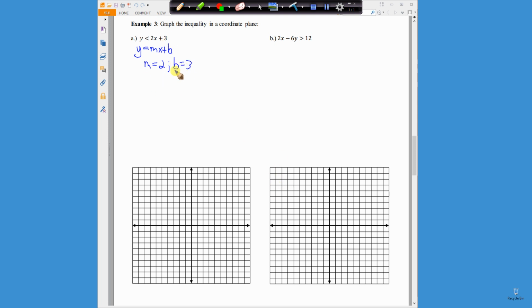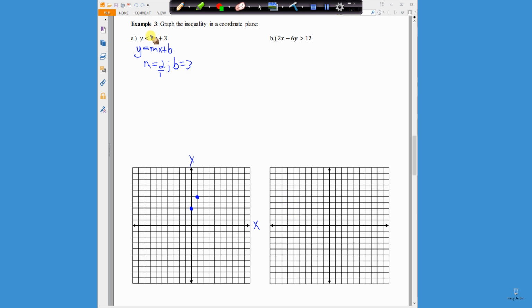We know slope needs to be a fraction for you to graph it easily, so rise over run is 2 over 1, and y-intercept is 3. So let's do xy here. My y-intercept where I start is 3, and my slope is up 2 over 1. Up 2 over 1.